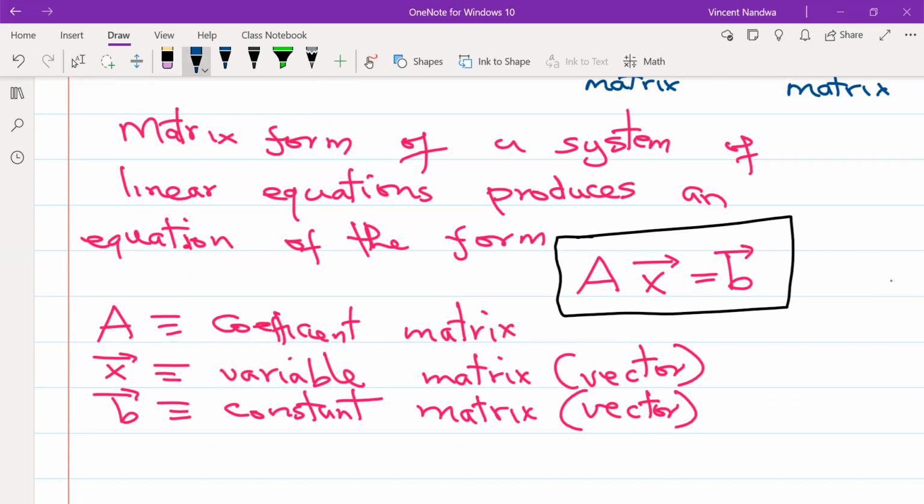Now, when you take the coefficients matrix, you join it to the constants matrix, and you form one matrix such that the coefficient matrix and the constant matrix are separated by a line, either complete or dotted. You form what we call an augmented matrix.